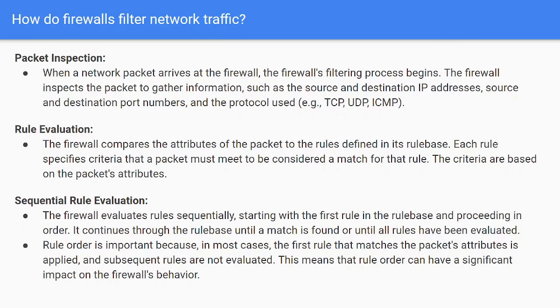Packet inspection means that you want to gather information about a particular packet. Let's say communication has started, and you want to inspect the information that is coming in. You're supposed to get valuable information that you can use to test against the rules in the rule base.